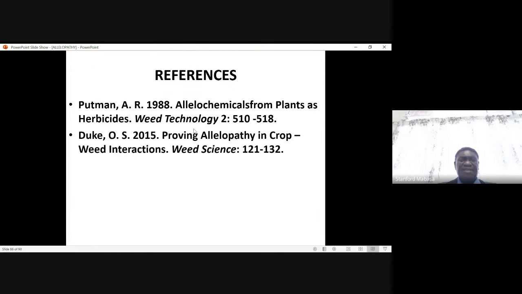Now, there are references which you may have a look at. Like this one, Putnam, he wrote a lot of things around allelochemicals. He is actually talking about the potential of allelochemicals to be used as herbicides.